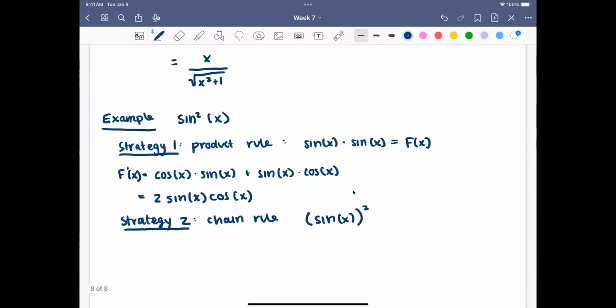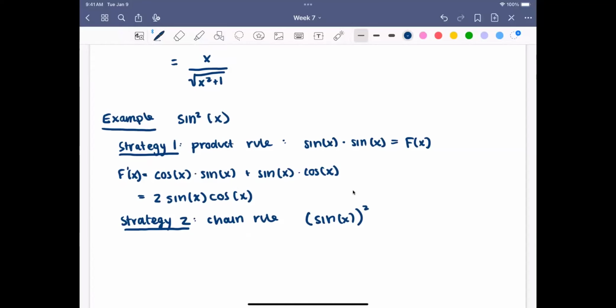When I'm doing the chain rule in my life, and this is probably what will happen as you get more and more practice with it, I don't actually explicitly write down the outside function and the inside function. I'm picturing in my head that I'm going to leave this in place, take the derivative of what's on the outside, and then multiply by the derivative of whatever was in here.